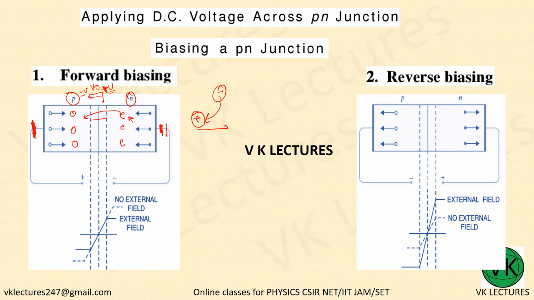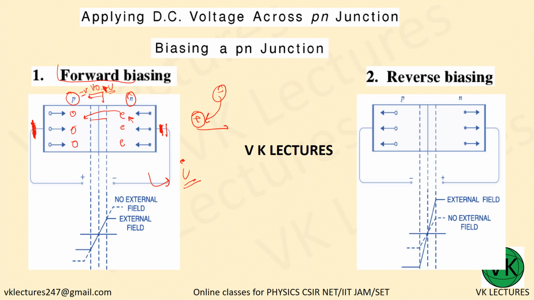This is called forward biasing. Now what happens in forward biasing? These electrons will start moving from one end to the other, that means N region to P region, giving rise to some current I.